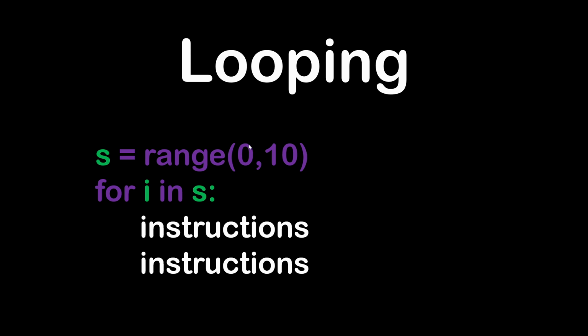Let's say here we will provide 2 values for the range function, 0 and 10, and in this case the function will return consecutive numbers between 0 and 10. However, 0 is included in the numbers and 10 is excluded. So for i in s, in other words, for i equal to 0, then 1, then 2, then 3, up to 9, I have a block of instructions that I would like to execute.